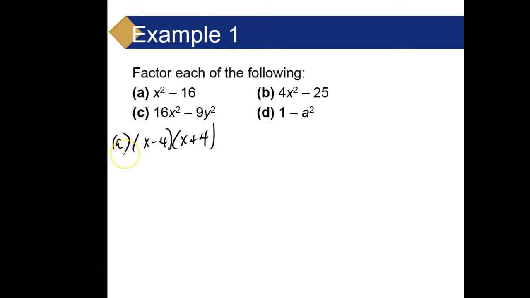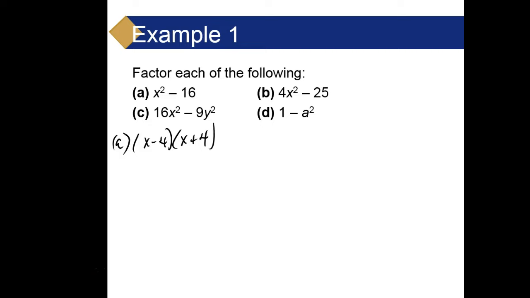Okay, that was the A part. Does everybody see that? Because 16 is the perfect square of 4, right? So it'd be X squared minus 4 squared. Now, notice he likes to give the minus first and the plus second. It doesn't matter, because multiplication is commutative. It doesn't matter what order you multiply. 7 times 3 is the same as 3 times 7.